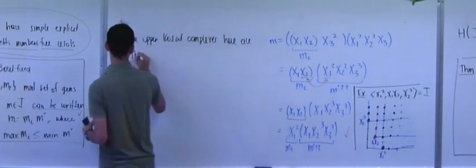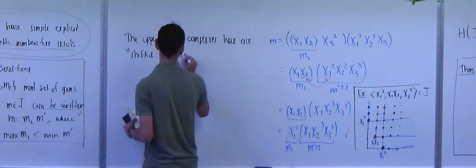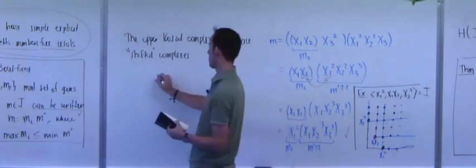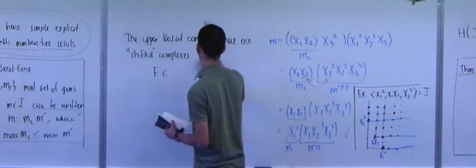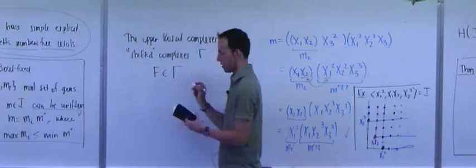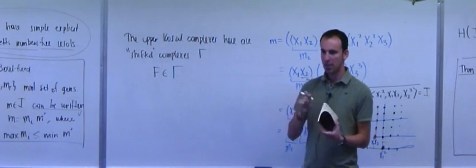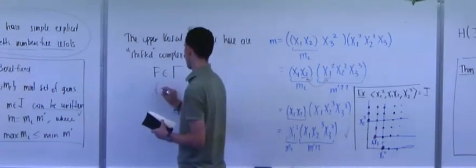And what that means is you have a simplicial complex where if you have a face, then you can always take out an element of the face and add a bigger element, and you're still going to get a face.